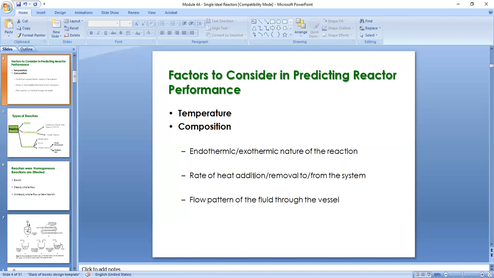And as to the flow pattern of the fluid through the vessel, it is of course governed by, number one, its volumetric flow rate or its molar feed rate, and of course the nature of the system itself. Generally, these are the factors that we need to look into when we want to see how well our reactor is going to perform.